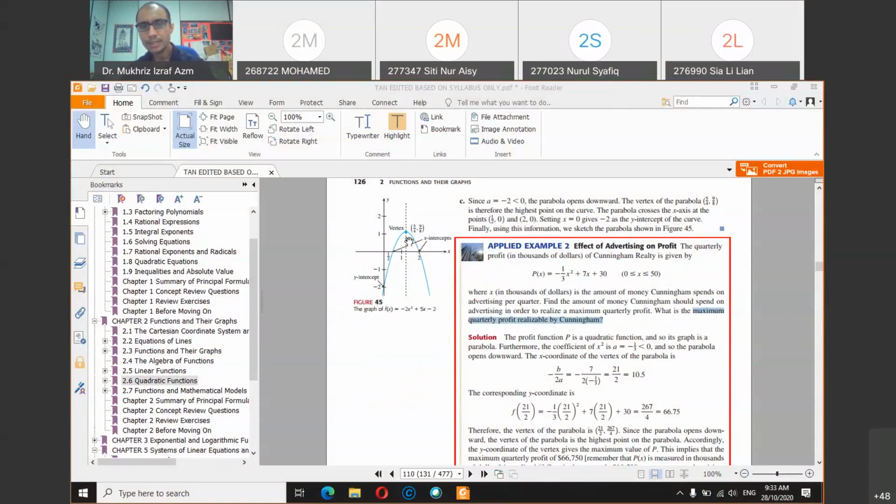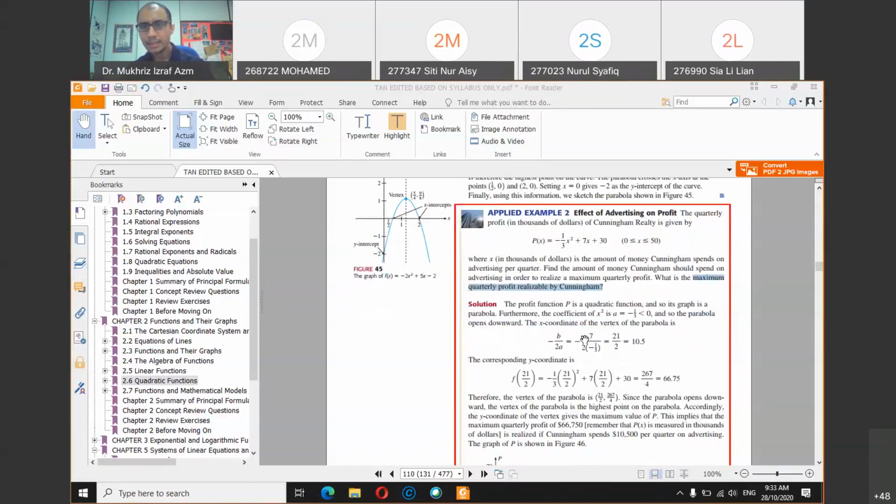So the highest point, the point which is the tip of the curve, is the maximum point. Okay, so how to find the maximum point? Use the formula negative b over 2a.